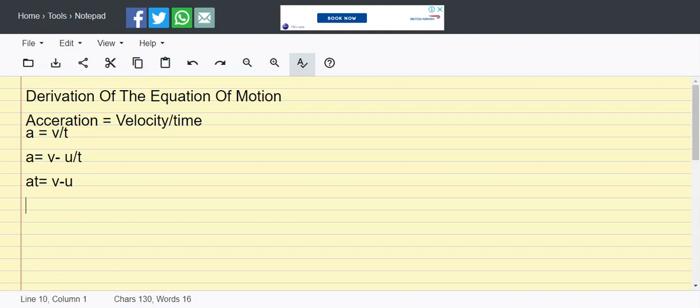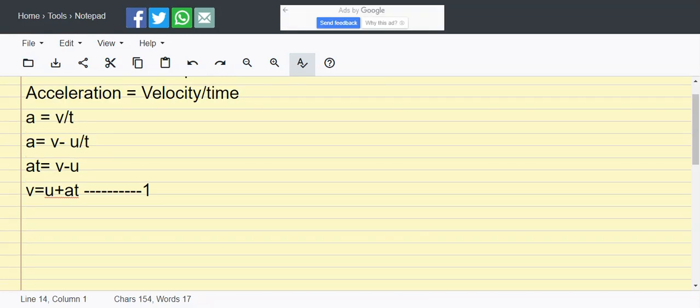So therefore v equals u plus at. This is equation one. So I've gotten equation one, now let's go to equation two.